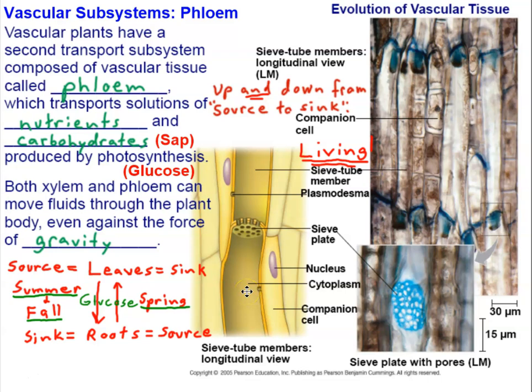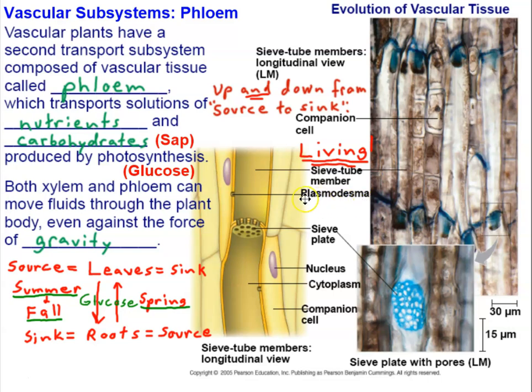But the way they're kept alive is by these cells that are beside them and in between them, known as companion cells. You'll notice the companion cell here has its nucleus and all the organelles that it would normally have, and it's connected to the sieve tube member by these pores known as plasmodesmata.